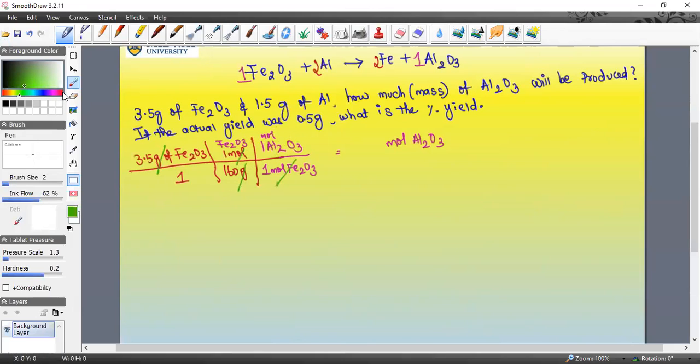So let's do the same with the second piece of information. It's 1.5 grams of Al over 1, and then aluminum, I said, was 27 grams over 1 mole. This is aluminum, right? Again, the mole ratio is for 2 parts of aluminum.